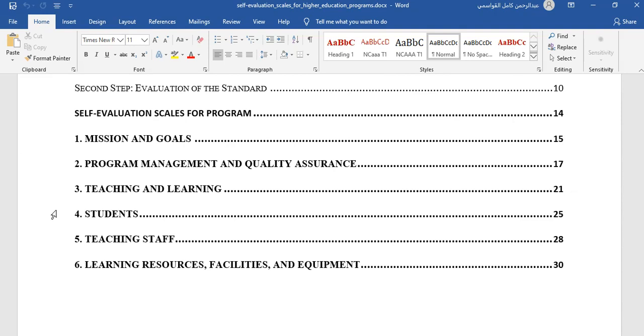Every committee is responsible for filling one of these standards.